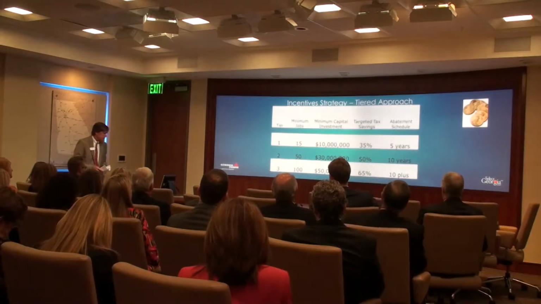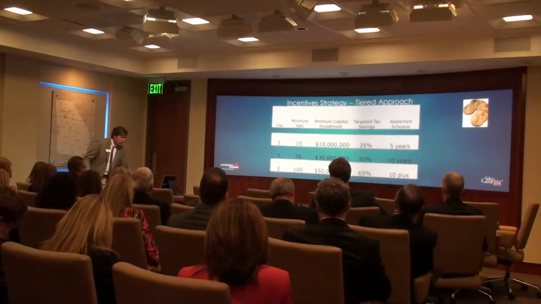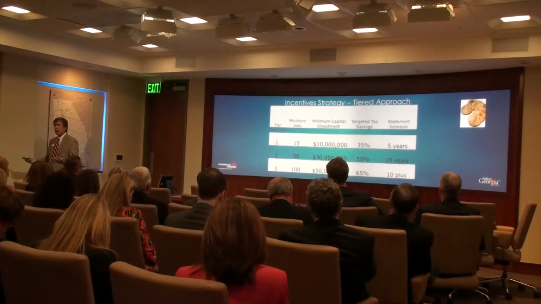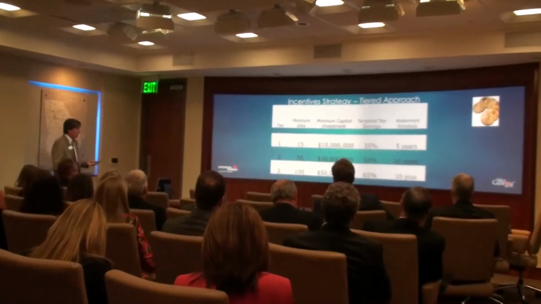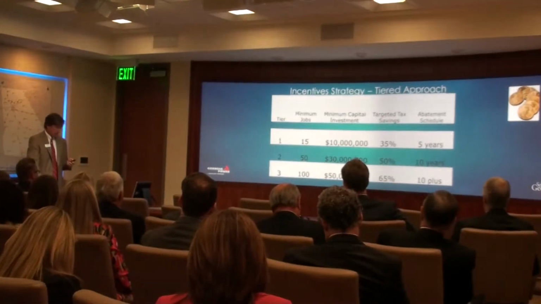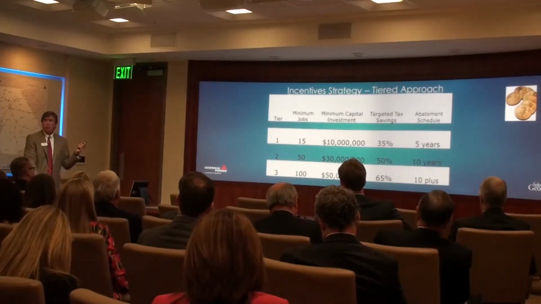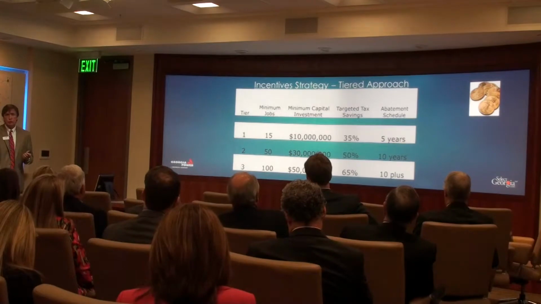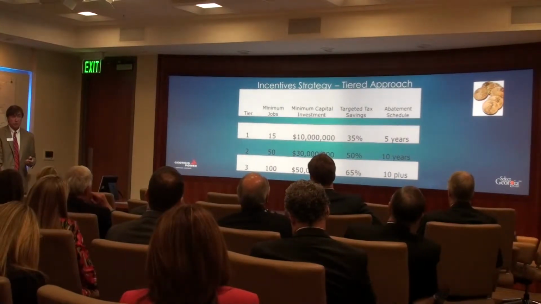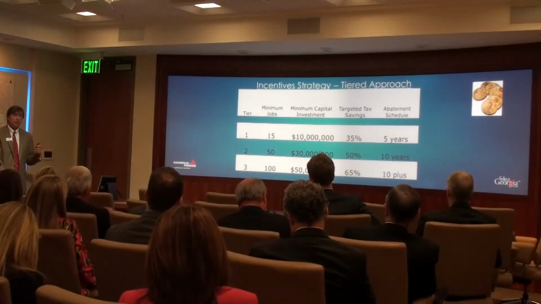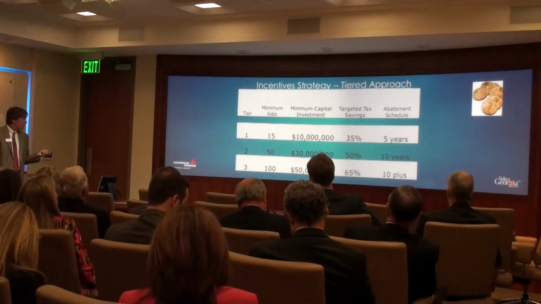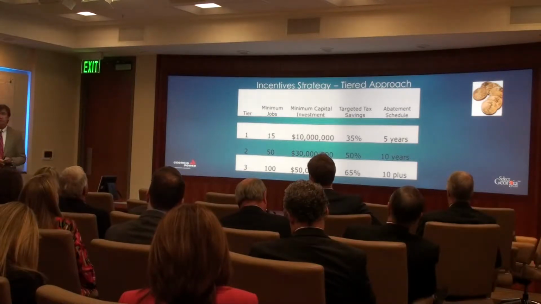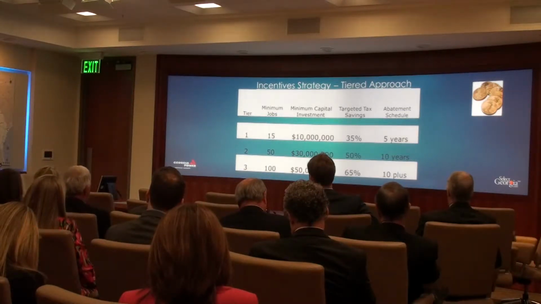All right, this is an example of an actual policy that one of my communities has put in place for tax abatements. And they've got 3 tiers. And this approach applies to existing or new industry. So they try to make it fair for existing industry or new industry. And what this is saying is, for Tier 1, a project must create at least 15 full-time jobs.